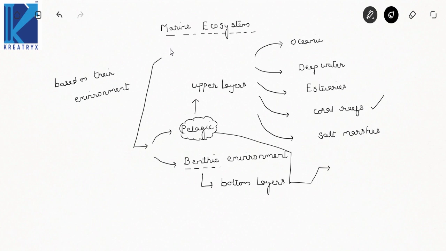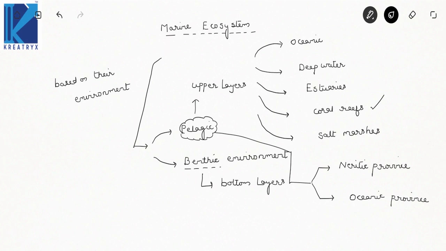First one is neritic province, and the next one is oceanic province. Now again we will discuss this in detail.